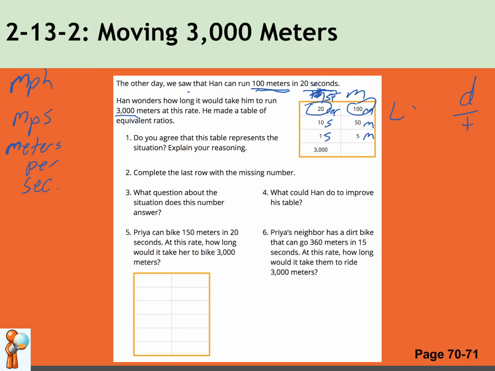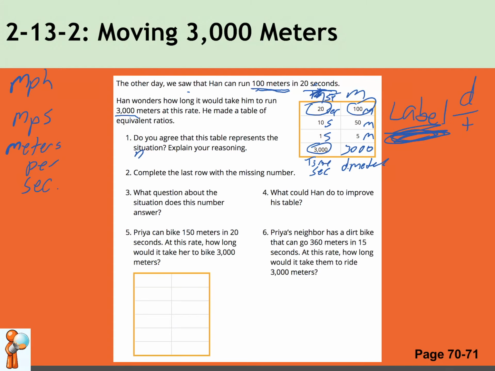This is why it's always important to label. Everybody label. Always label. So our labels here are supposed to be time in seconds to distance in meters. But see, this 3,000 really should be right here.